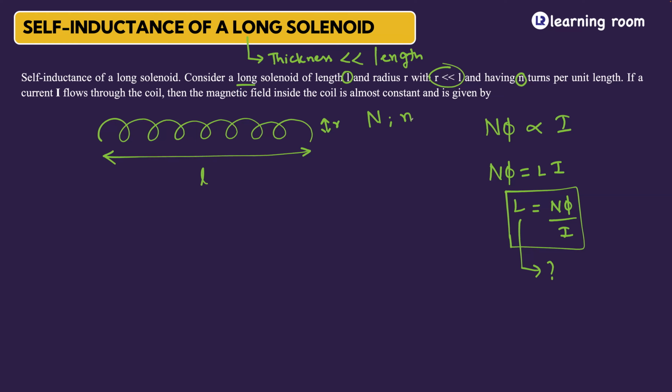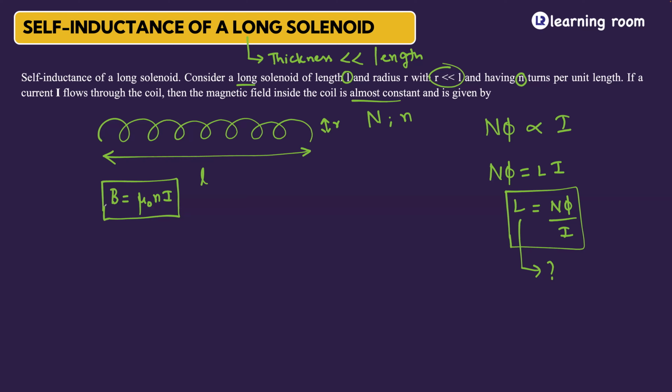So if a current I flows through the coil, then the magnetic field inside the coil is almost constant and is given by the expression B is equal to mu naught into n into I, where mu naught is the permeability of free space, small n is the number of turns per unit length, and I is the value of the current flowing through the coil itself, and this value is to be remembered. So this is the value of magnetic field inside a long solenoid, right? So we are going to start our derivation with this expression.